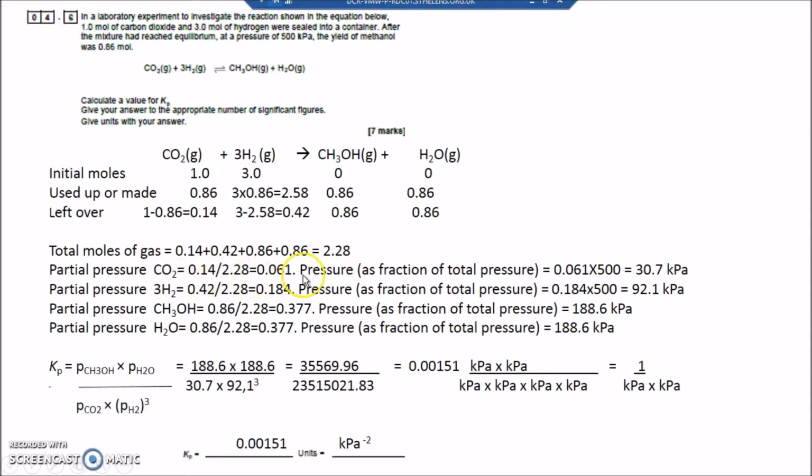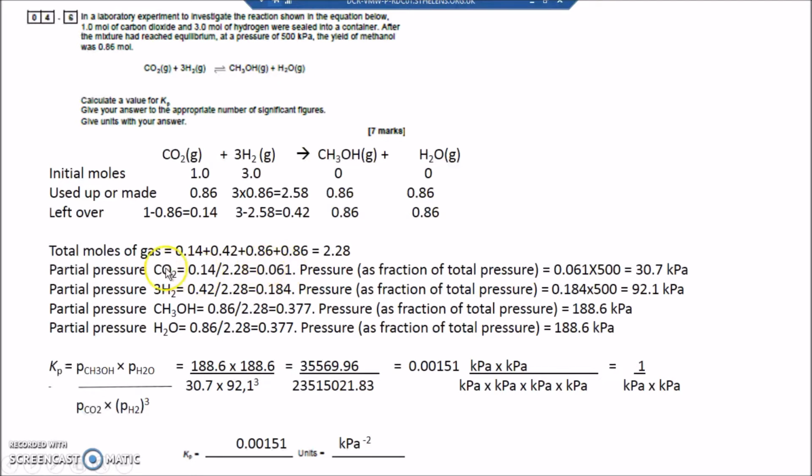moles of gas. And what I therefore do is work out the fraction of carbon dioxide that I've got. So I've got 0.14 moles of carbon dioxide. So the fraction of carbon dioxide in the mixture is 0.14 moles out of a total of 2.28 moles, 0.061.